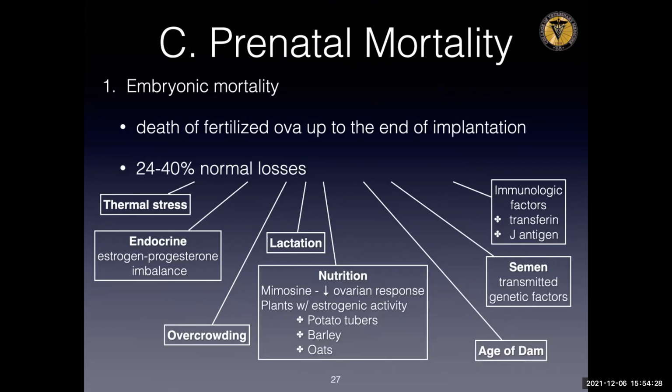So it could be that she was pregnant early on, but there was just embryonic mortality, okay? And this is because of stress: thermal stress, lactation stress, overcrowding, the age of the animal, and even factors coming from the semen. It may not be compatible with the egg. So this also happens with humans.